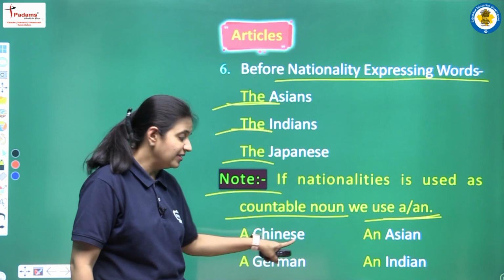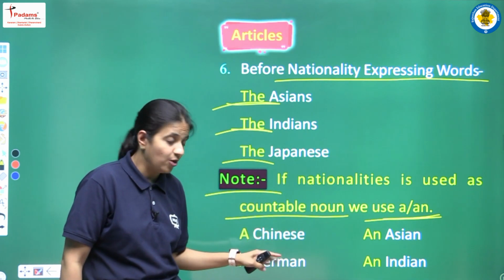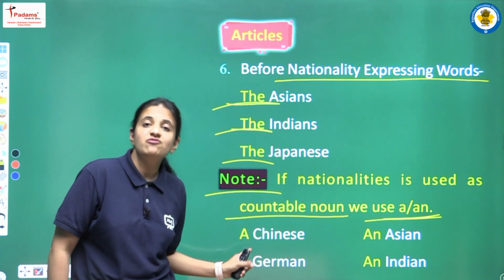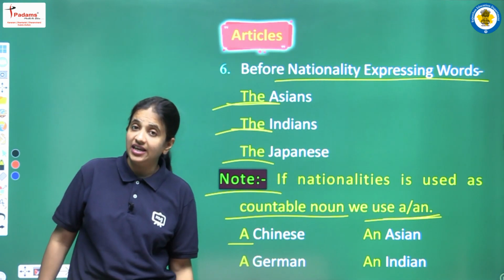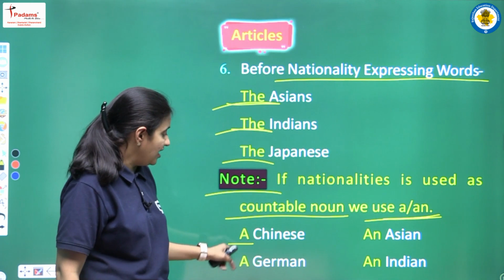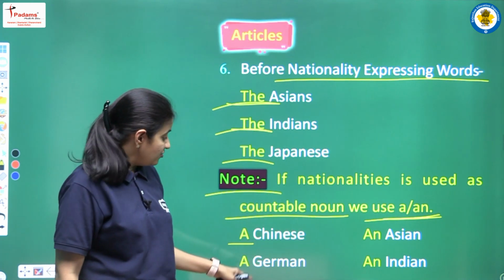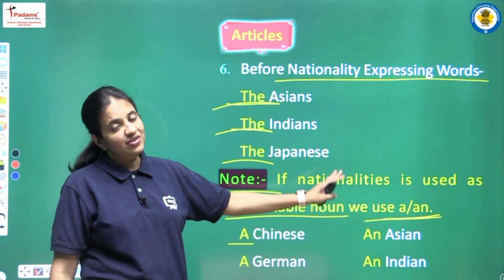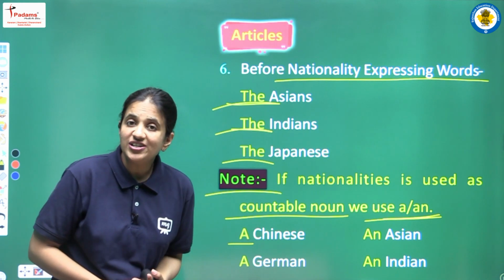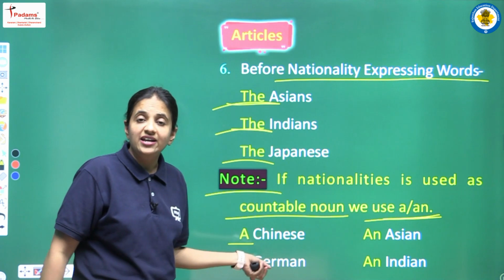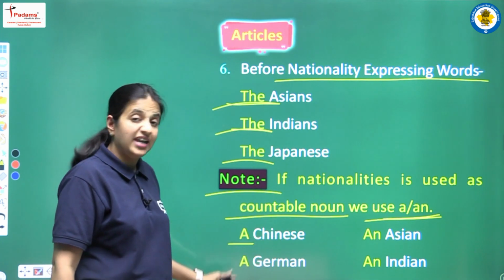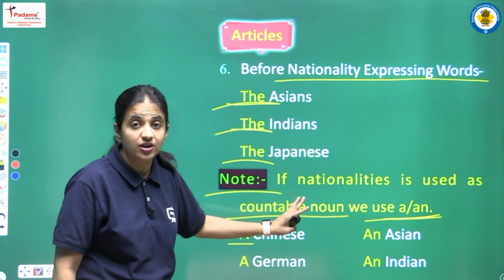So here we are having Chinese, a singular noun, and according to the pronunciation we are having a consonant sound. So we use a as the article. So we are having a Chinese. Next we are having German. Again we have to focus on the pronunciation, the starting sound. For that consonant sound we are using a here. So we are having a German.